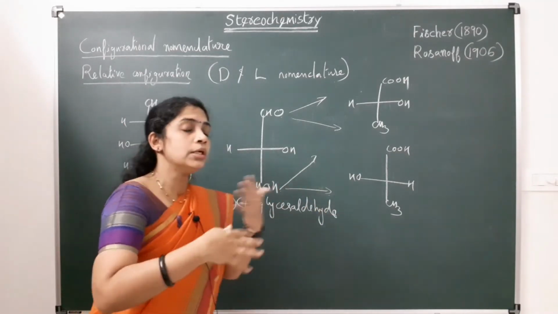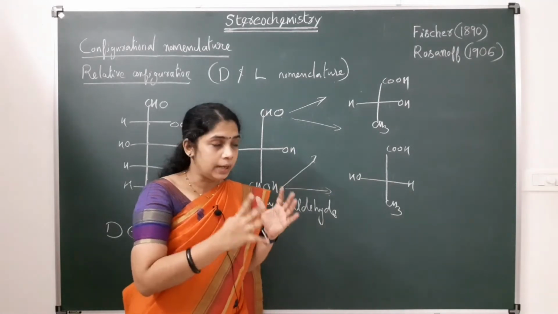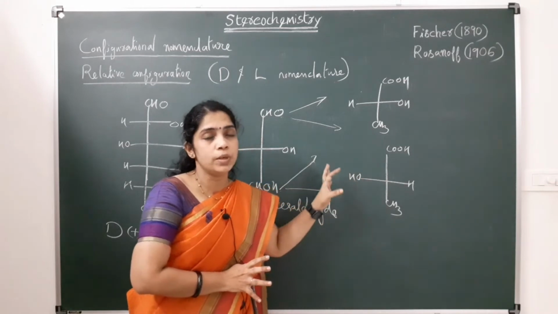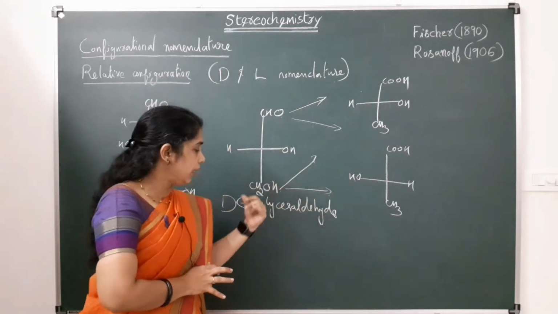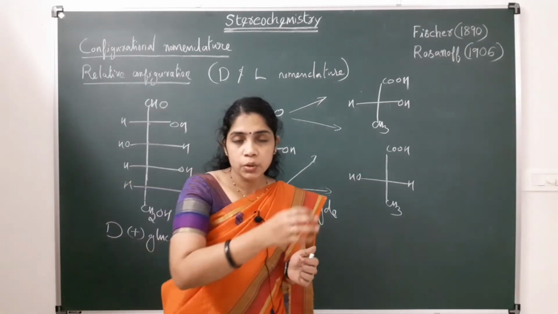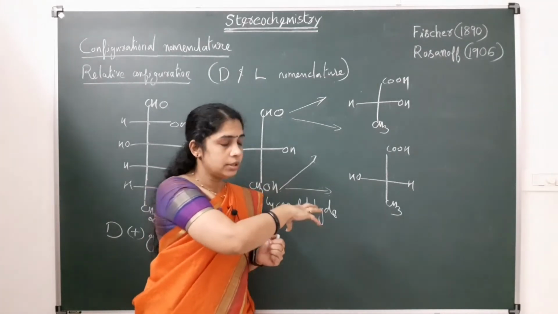So both possibilities are there. That means both the plus and minus enantiomers can be synthesized from the same D plus glyceraldehyde molecule, so his prediction is not correct here.